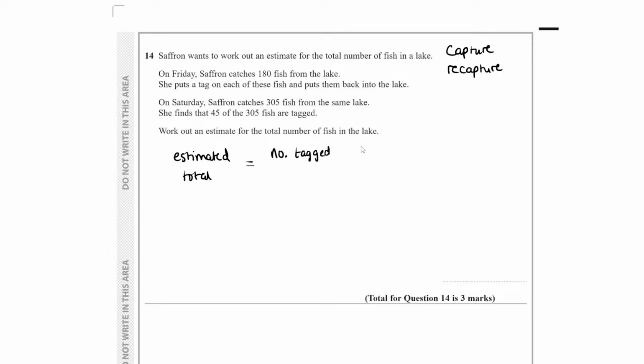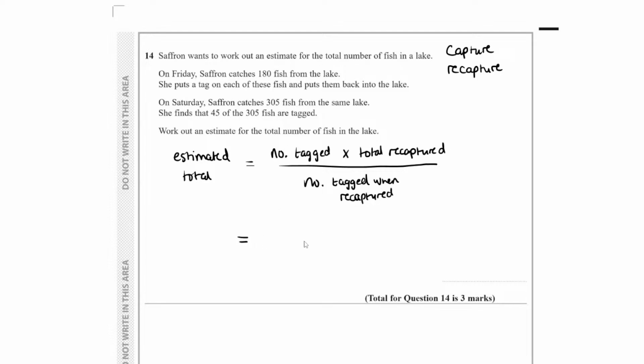That's the number from the first day, multiplied by the total that she recaptures, whether they're tagged or not. And then you divide that by the number that were tagged when recaptured. However you want to word it. So there's three numbers: you multiply 2 and then divide by the third number.